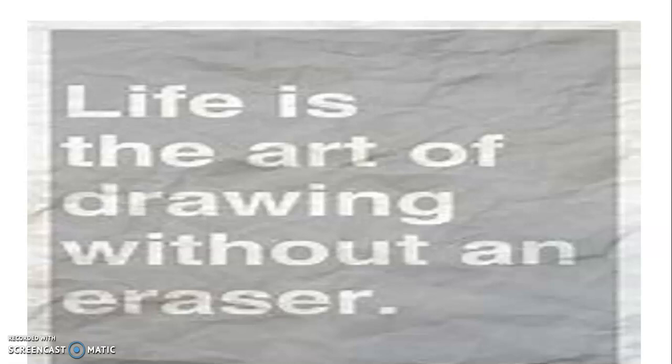So live the present, live it meaningfully. Life has meaning only in sharing. We don't have any eraser in our life to redo it. Once a word is spoken, it is spoken. We cannot get it back again. Once a thing is done, it is done forever. We cannot erase it. Is it clear, children?